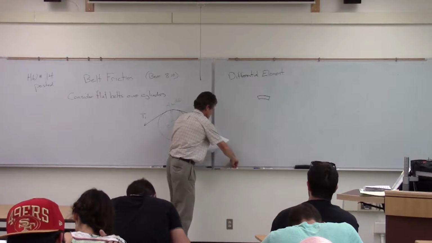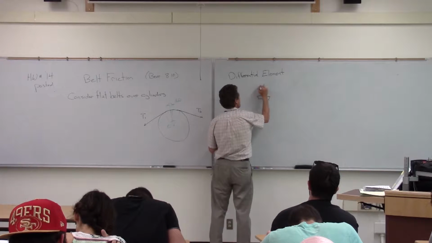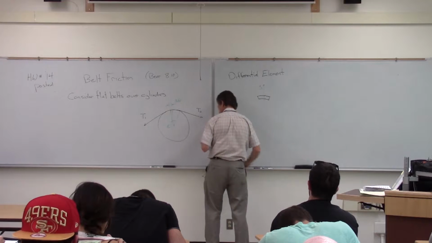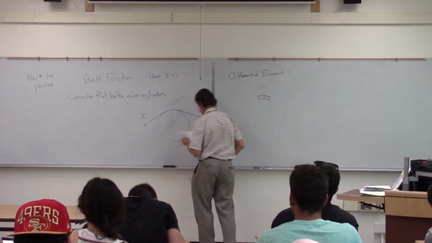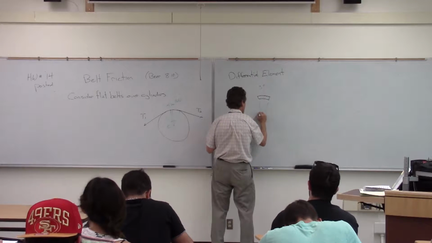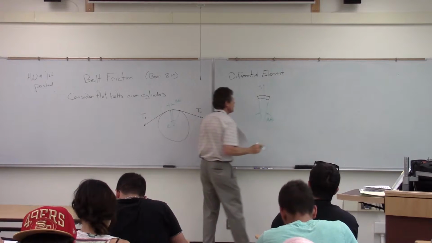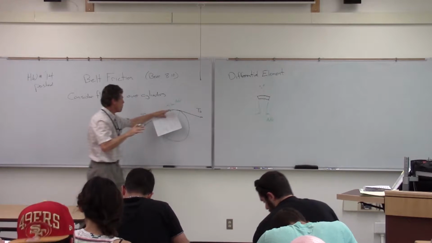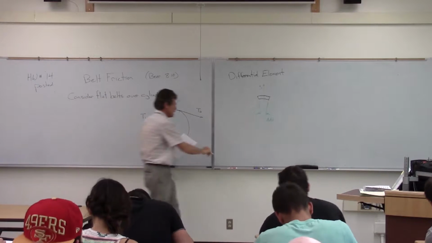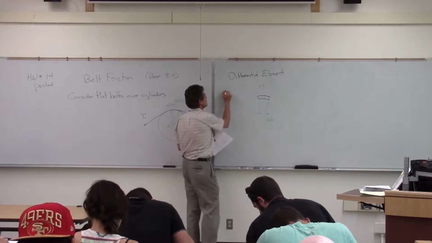So that's the belt. And we're going to be looking at that small piece that we've now extracted out of there. We're going to take a peek at that. And now what we're going to do is a free body diagram of this.